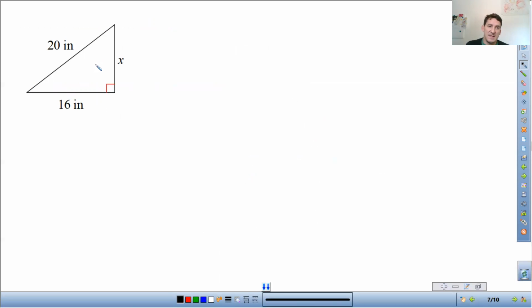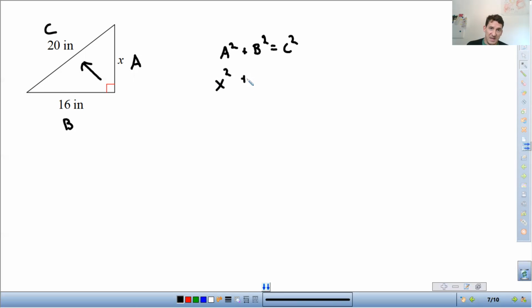Again, label the sides A, B, and C. The longest side is C, always across from the right angle. That's C, A, and B. Use Pythagorean theorem. A squared plus B squared is equal to C squared. A is x, B is 16, C is 20.